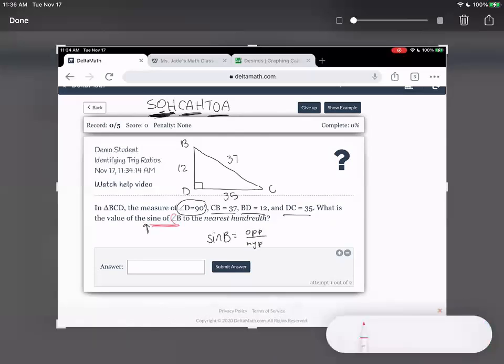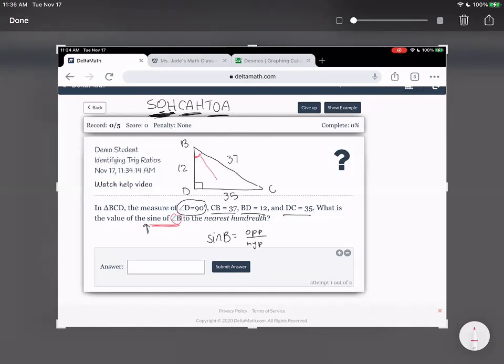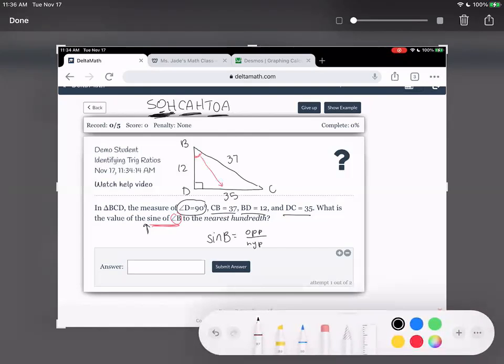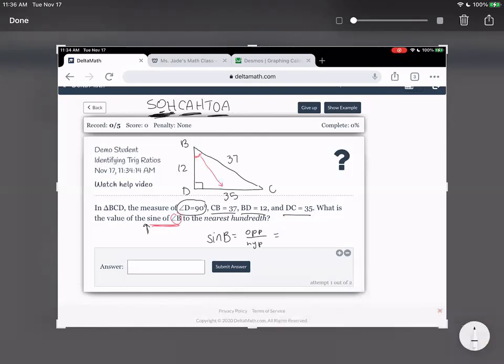So let's take a look at figuring that out. We have B as our reference angle. That's this one. We want the opposite side, so you have to draw the arrow directly across. And so what is our opposite side? Opposite of the angle B. Where does our red arrow point? 35. 35, good.